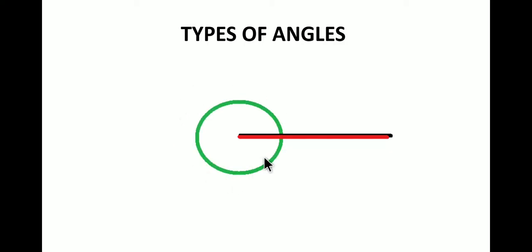As it forms a whole angle, it is called a whole angle, and its measurement is 360 degrees. This means that if you take a turn from either side, left or right, and come back to your original position, then the angle formed by you is 360 degrees.